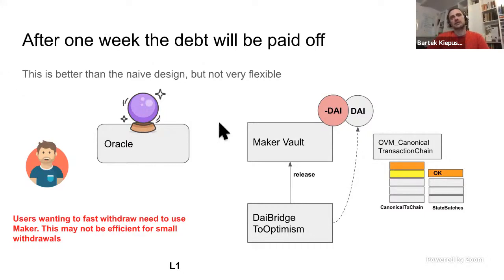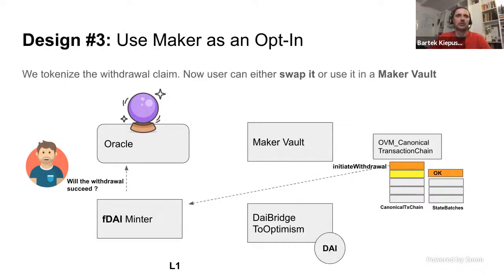The only downside of this particular design is that it's not particularly flexible, because the user, to make a fast withdrawal, has to go to the Maker Vault every single time. That's actually gas consuming. So let's improve on that. How about we tokenize the withdrawal claim, right? So instead of going to the bridge and going to the vault, the user may go to an additional component, which we will call FDAI Minter.